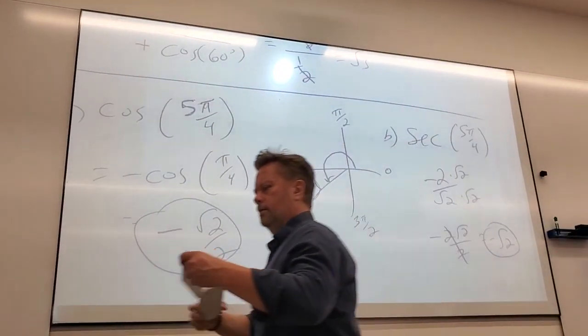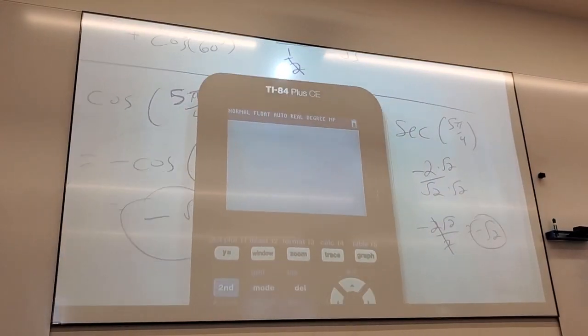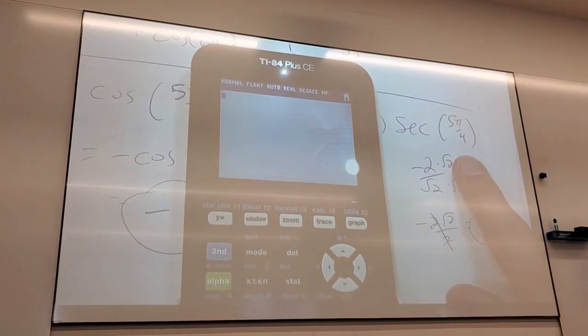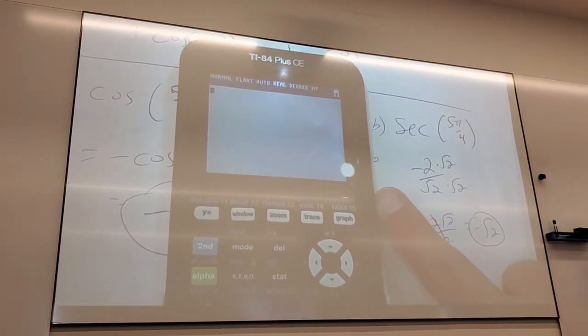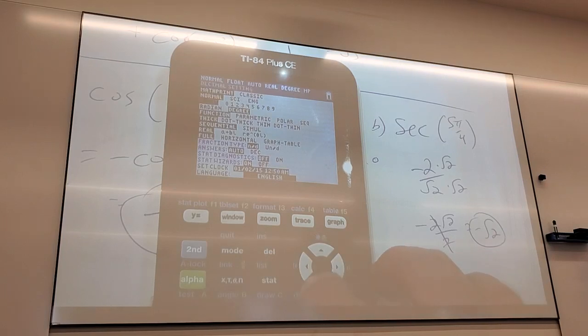I just want to show you. If I want to do secant of 5 pi over 4, what's the very first thing I should check? If it's in degrees or radians, yes, so let's see, mode. I'm in degrees, so let me change to radians.